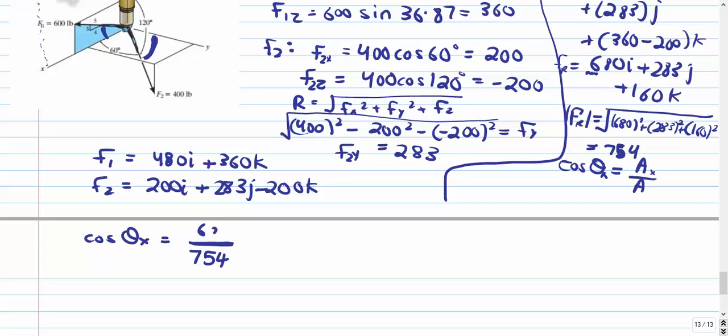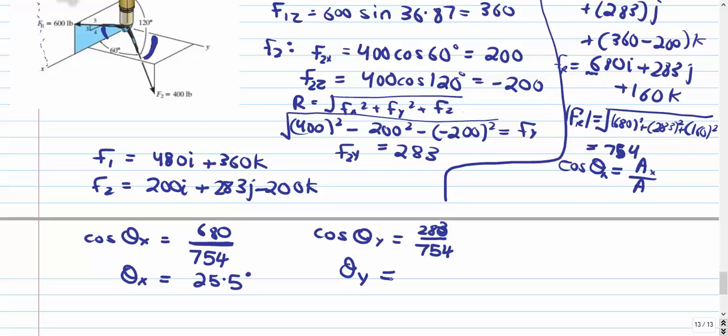Solving for theta x, we get theta x is equal to 25.5 degrees. Doing the same procedure for theta y, we get its component along the y-axis, which is 283 pounds, divided by its magnitude, which is 754 pounds, and the value that we get for theta y is equal to 67.8 degrees.